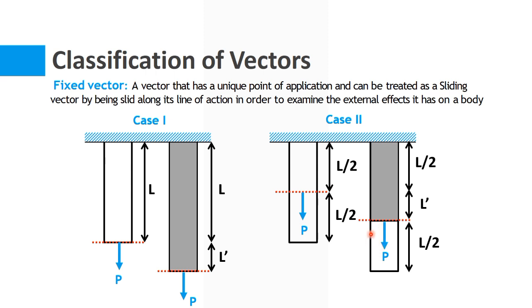So this means that this force P has different effects in this case and in this case, so we cannot assume that this force is equal to this force. They are equal in magnitude, but the point of application of these two forces is different. So this means that they are fixed vectors, and we have to maintain the magnitude, and we have to maintain the point of application of this force as well.